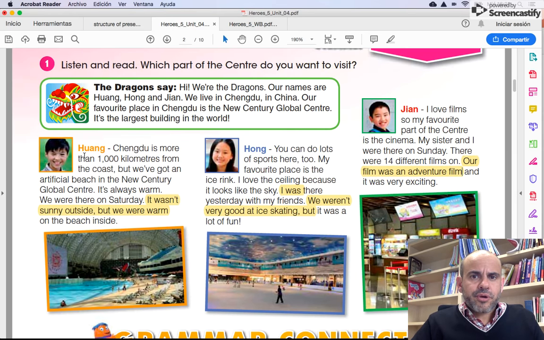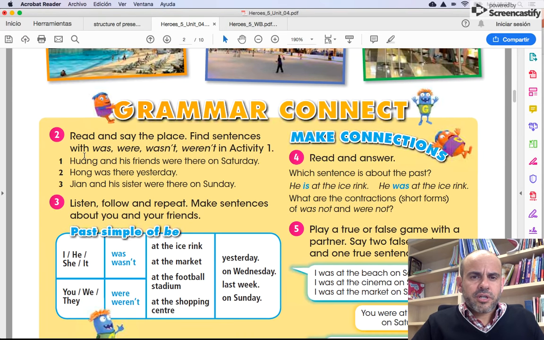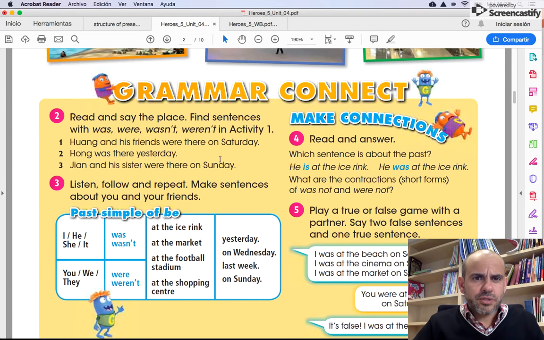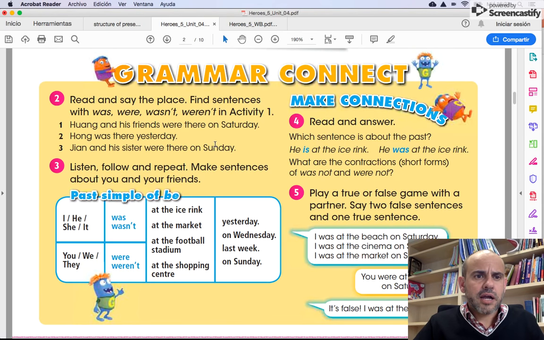So after this reading comprehension would come the grammar presentation proper. Notice that it's done in a very interactive, hands-on fashion. Firstly, students have to find sentences that include the forms was, were, wasn't, weren't.